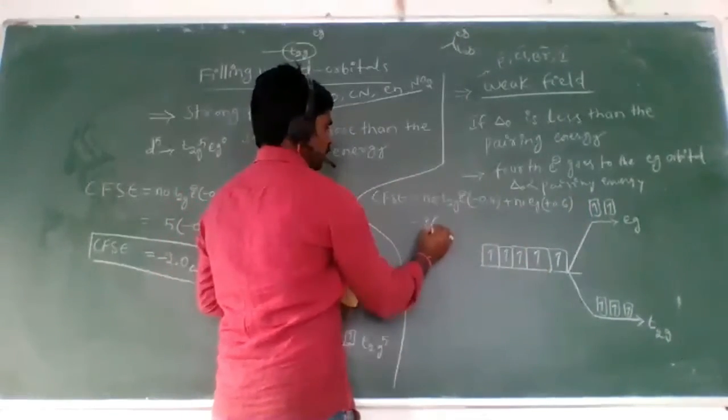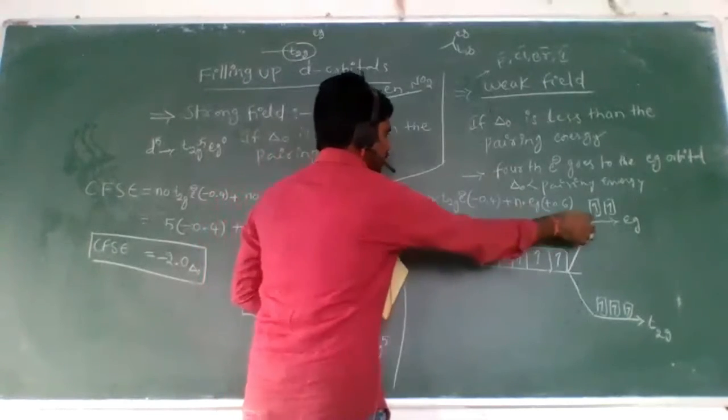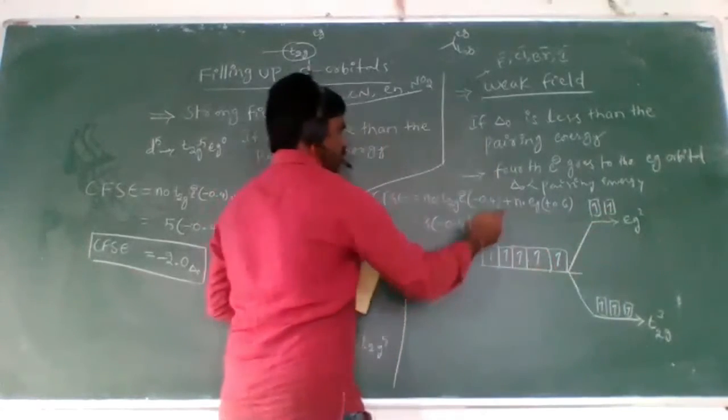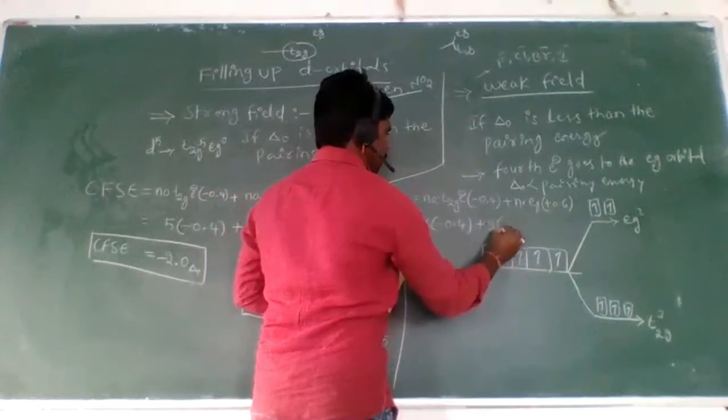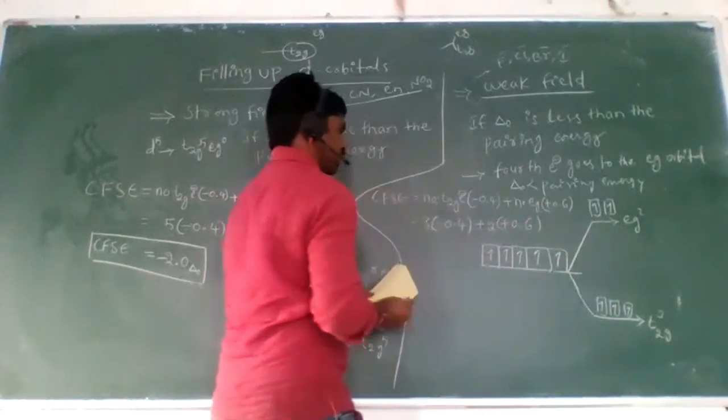So 3 times minus 0.4, plus the eg electrons, how many are there? 2 electrons. So 2 times plus 0.6. Is that clear?